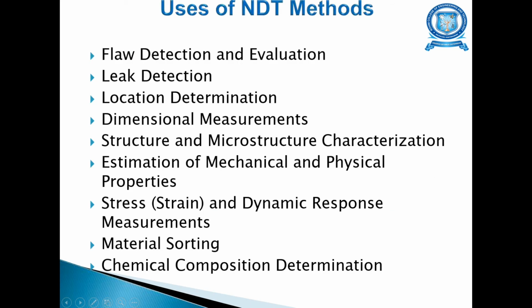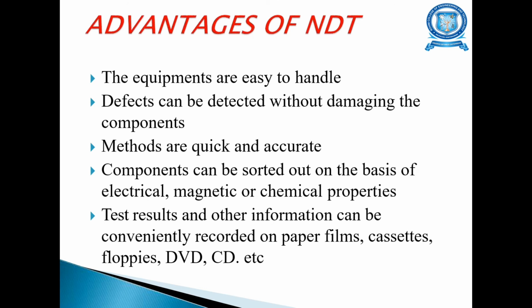And these are all the uses of non-destructive testing methods: flaw detection and evaluation, leak detection, determination of the location of the defects, dimensional measurements, structure and microstructure characterization, estimation of mechanical and physical properties, stress, strain, and dynamic response measurements, material sorting, and chemical composition determination.